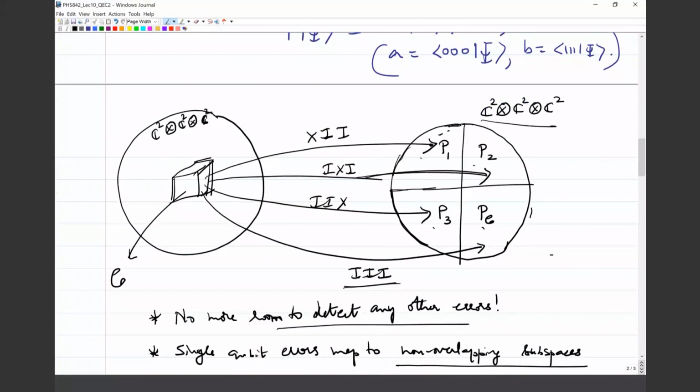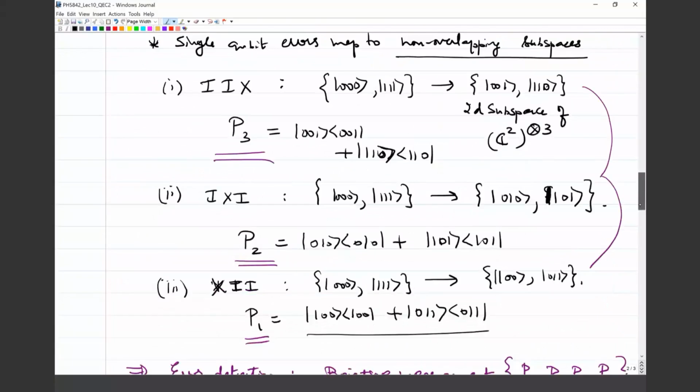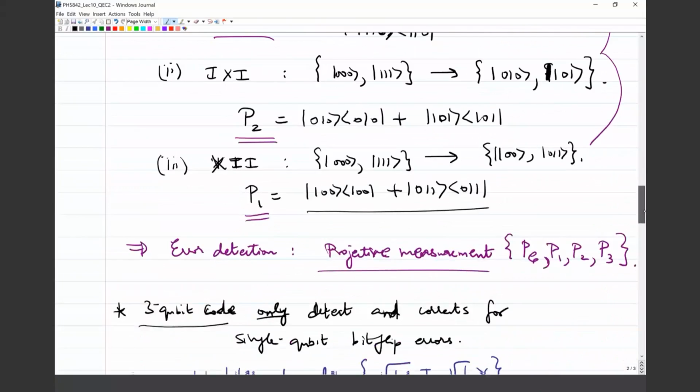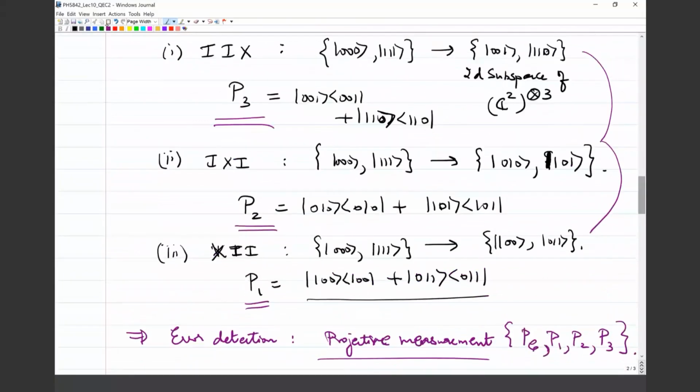So a 2-dimensional subspace has a simple rank 2 projector. It's like a single qubit identity operator, except it's an identity operator on the encoded space. So you now have these 4 projection operators. Of course, I should have mentioned, I got carried away in the discussion, that these 4 projection operators are mutually orthogonal projectors.